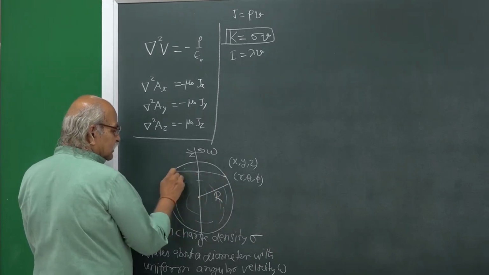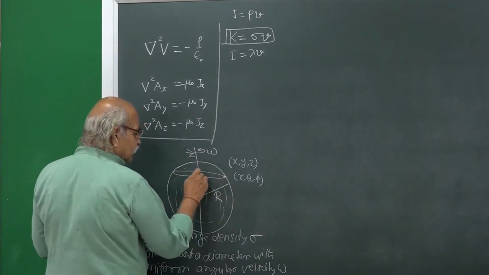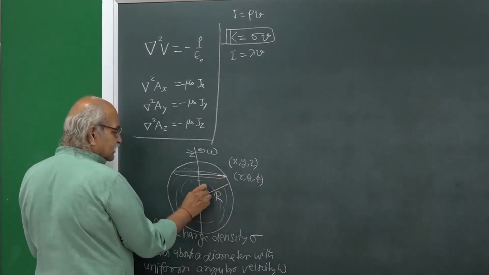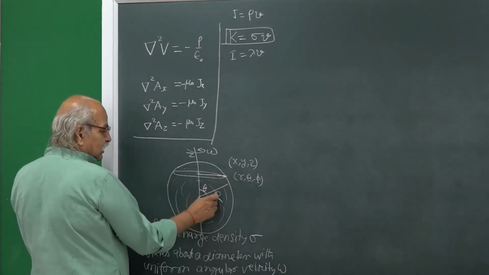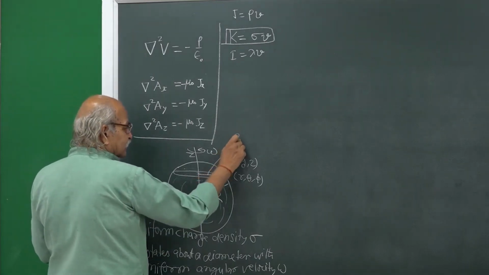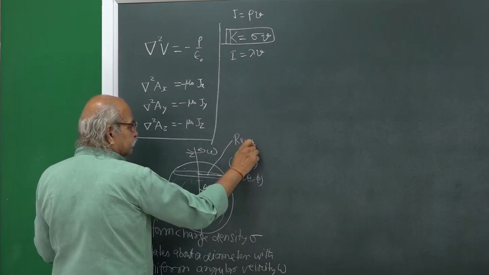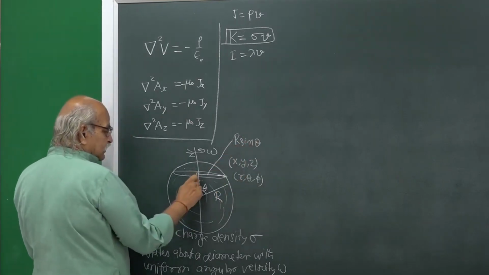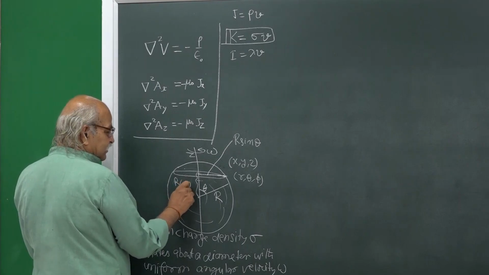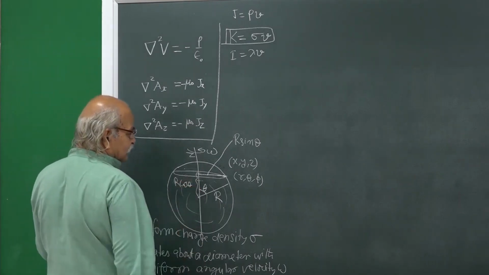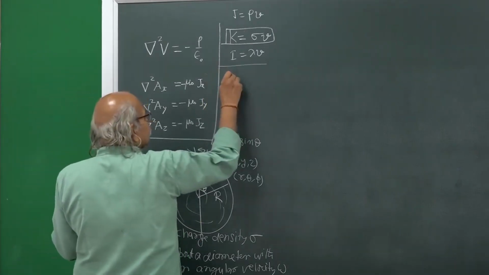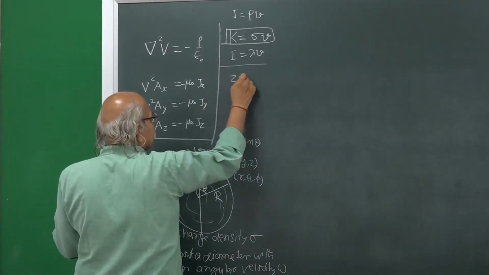So, this will go on this particular circle. This will be the radius. If this angle is theta, that is the coordinate theta also, this radius is r sin theta. Okay. And this length is r cos theta. Z is equal to r cos theta. You remember those transformations, z is r cos theta.